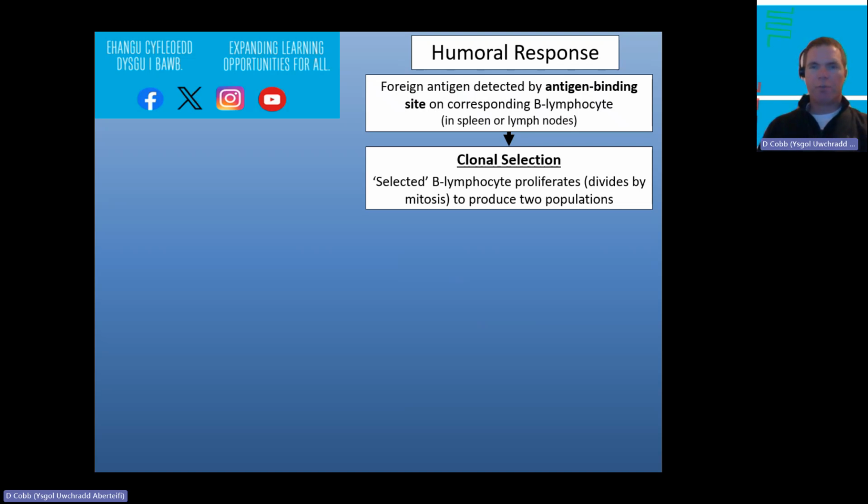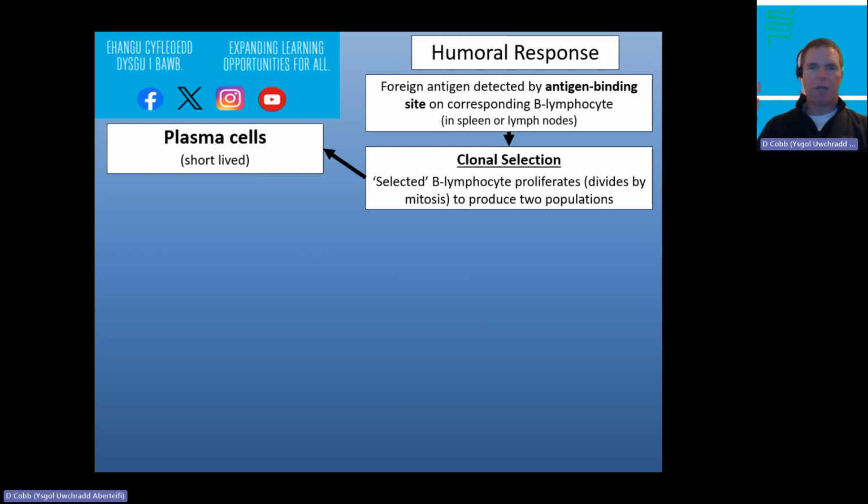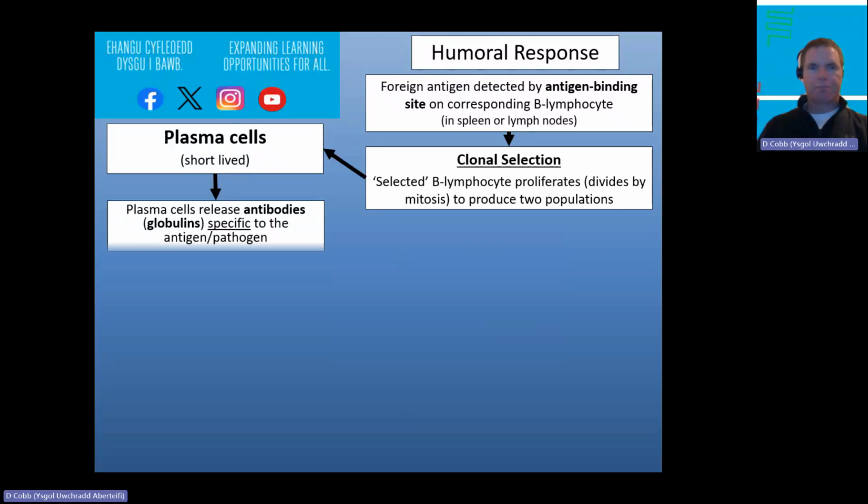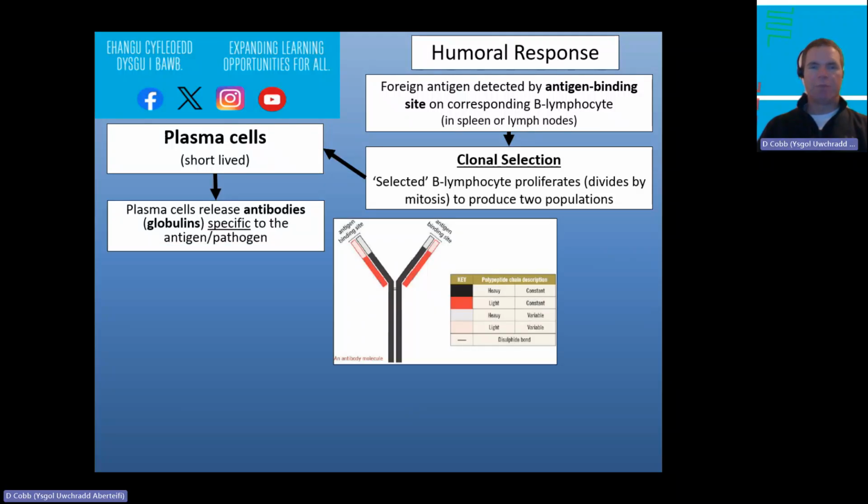And it produces then two populations. The first population it produces are these things called plasma cells. Now, plasma cells don't stick around too long, so we say they're short-lived. Their job is to release antibodies. Now, the antibodies will be specific to the foreign antigen, because the antigen binding site on the B lymphocyte was specific to the antigen.